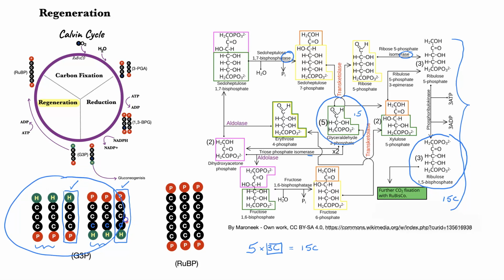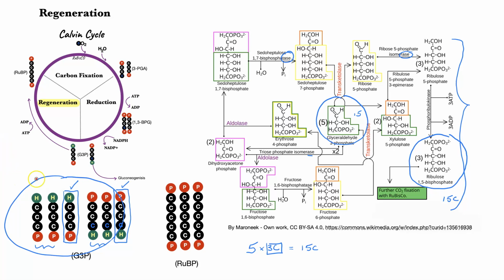We need 3 turns to take in 3 CO2s to put 3 carbons into the system that are building a G3P. In that process, those 3 turns will make 3 RuBPs, one of which can now pick up a CO2. Does that mean this cycle has to go 3 times and stop? No, it's preloaded. The first 2 turns are already there.